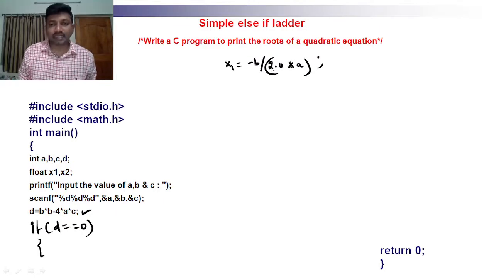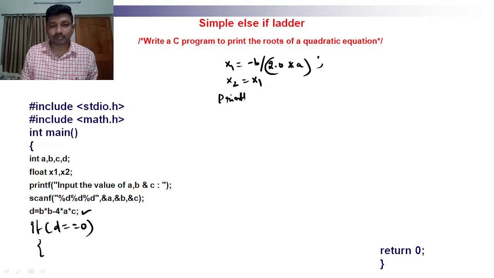Because integer by integer becomes integer, but roots are float values. If I keep 2.0 there, one operand is real, so the result is real. That's why I have taken 2.0. Now what about x2? Since x1 and x2 are equal, you can assign x2 is equal to x1 and print the roots.